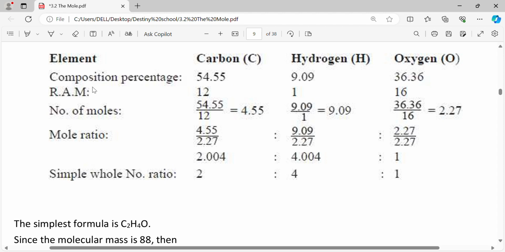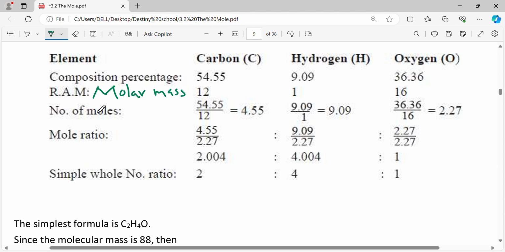You just copy them: carbon at 54.55%, hydrogen at 9.09%, oxygen at 36.36%. Then after that, these are the molar masses, which you can also call the RAM, but writing molar masses is much better. So use molar masses.